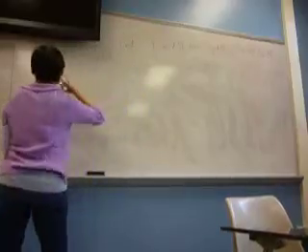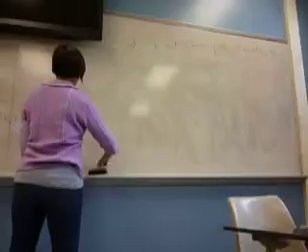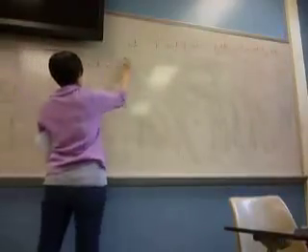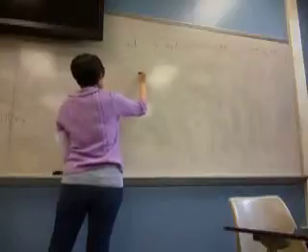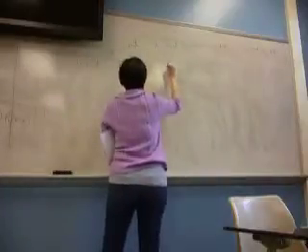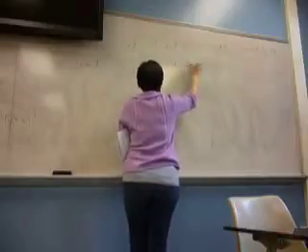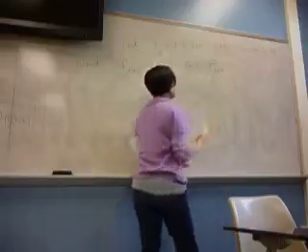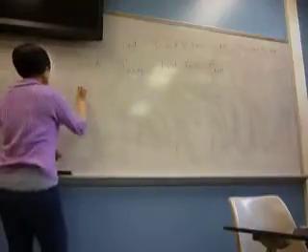Let's start with the distribution function. So we want to find the distribution function for x plus y, this new random variable. We will first find the distribution function of x plus y, and then we will differentiate it and come up with the density function for x plus y.